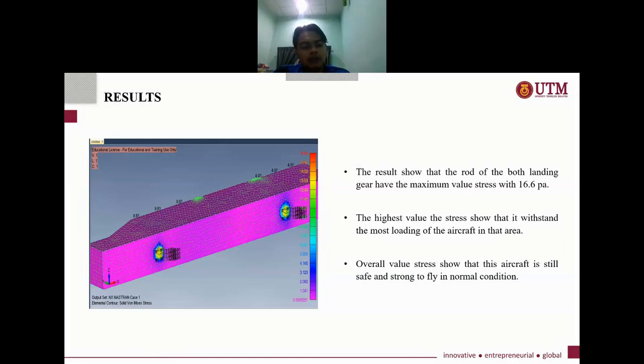To be precise, the maximum value of stress is around the root. This is because all the load is concentrated at both of the landing gear, that this fuselage needs to withstand, 16.66 Pascal.